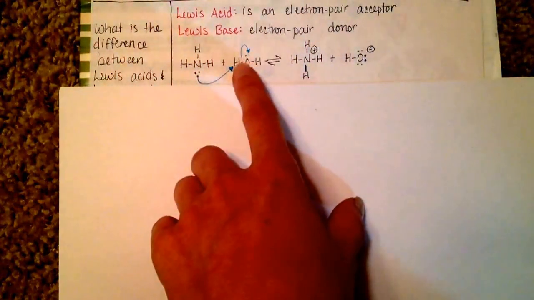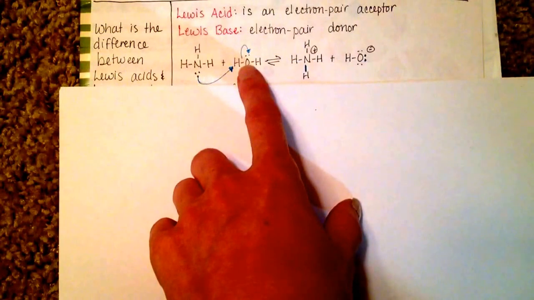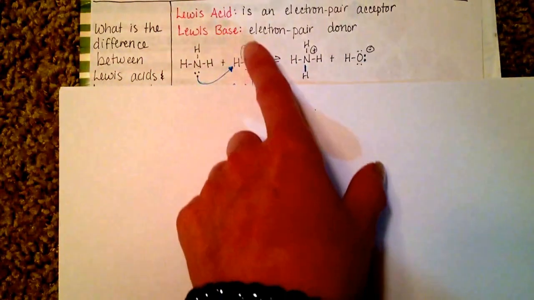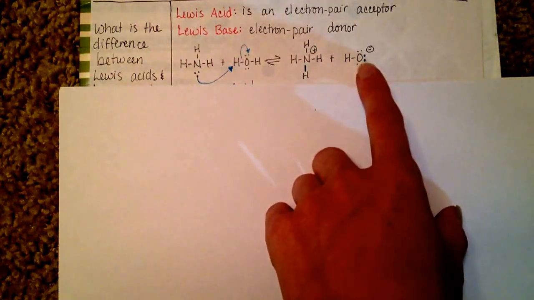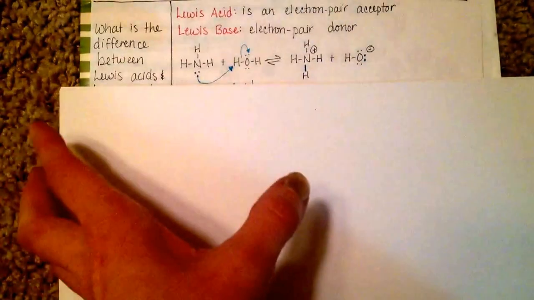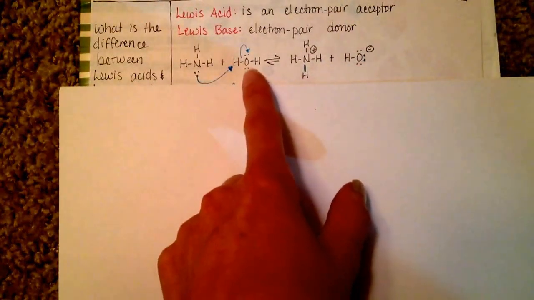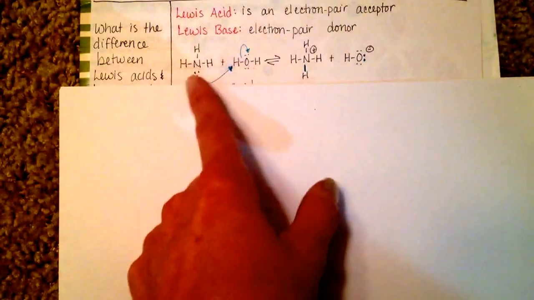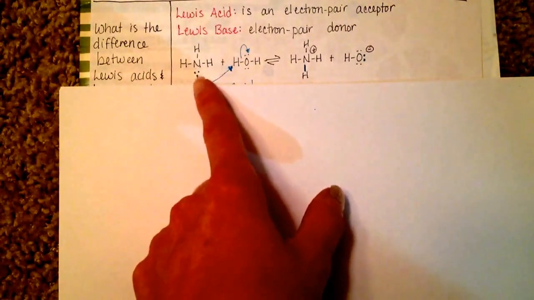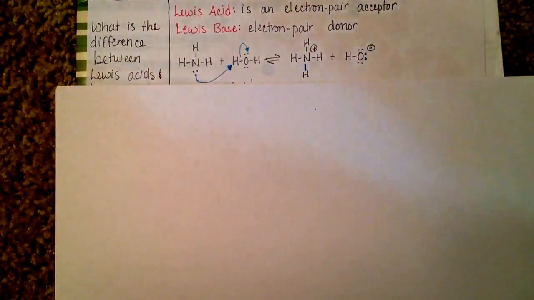Then the electrons in the oxygen-hydrogen bond are relocated onto the oxygen atom as a lone pair. Using the Bronsted-Lowry definition, we know that the water is an acid because it's donating the hydrogen, and the ammonia is the base because it's accepting the hydrogen, the proton.